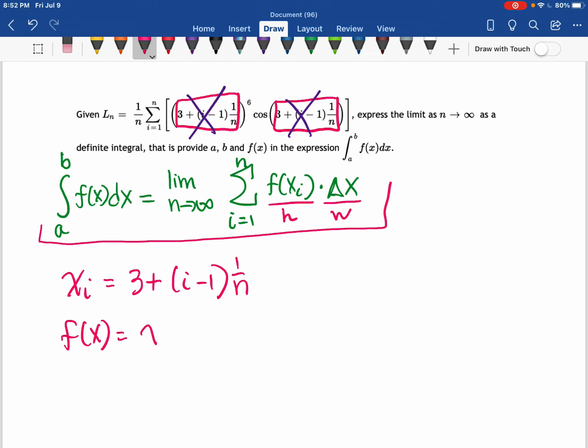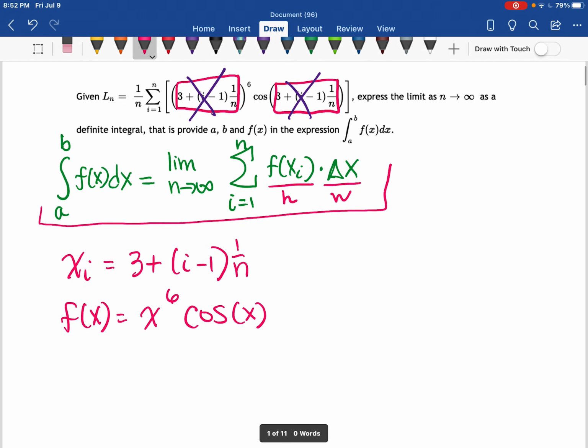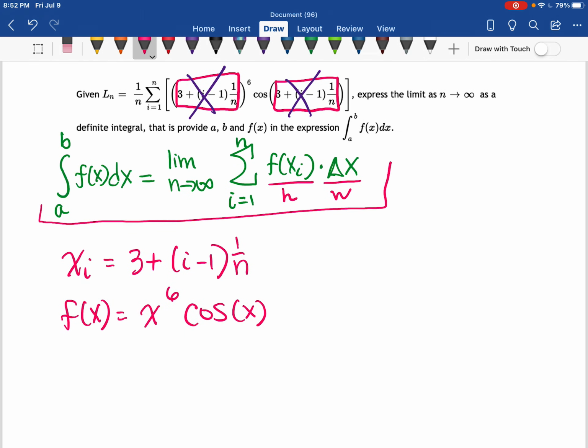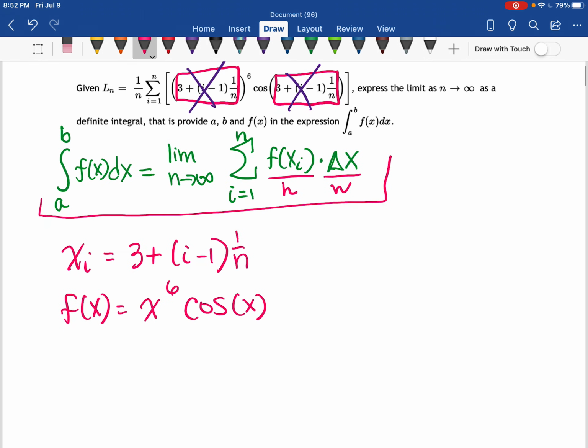Those are our xi's, which means our function, if I take that out and replace it with x's instead of xi's, my function is going to be x to the 6th times cosine of x.